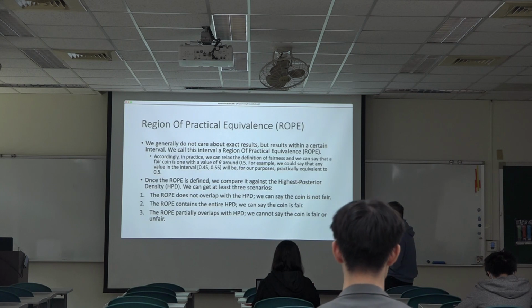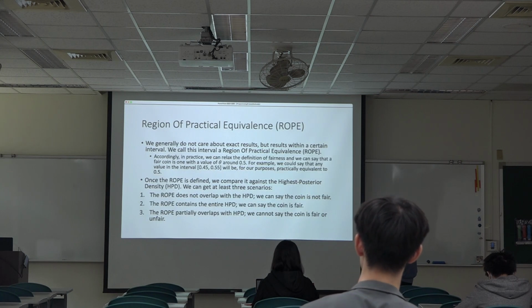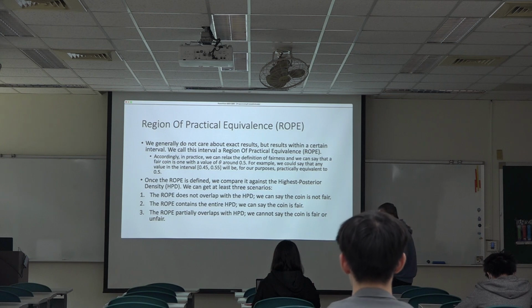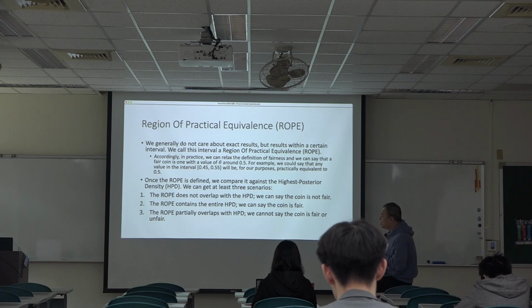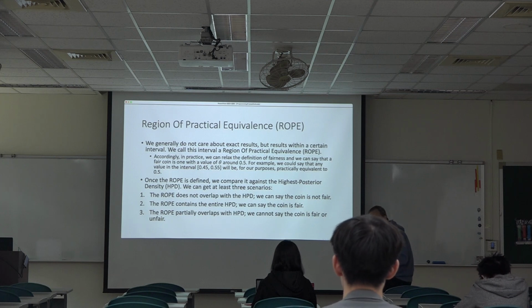Another way to make a decision using the posterior distribution is what we call the region of practical equivalence, which happens to be abbreviated into an interesting term called ROPE.